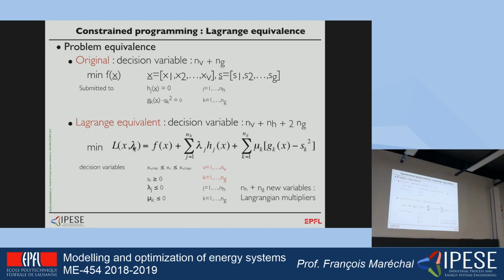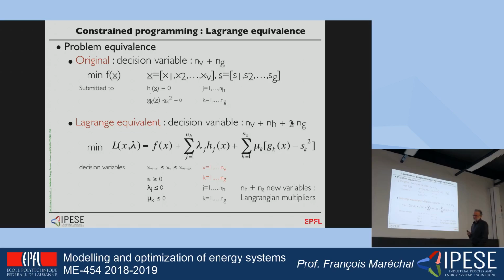By doing this, I have more decision variables because I have to add the Lagrangian multipliers plus the slack variables associated to the inequality constraints. I have also added the slack here, so I have many more decision variables.